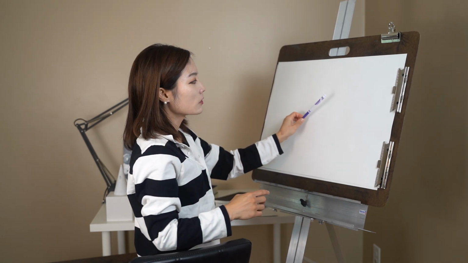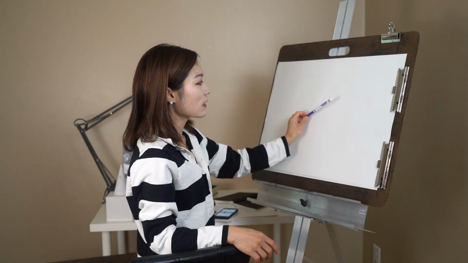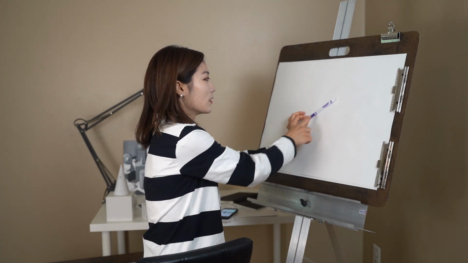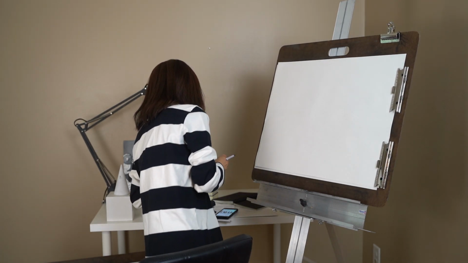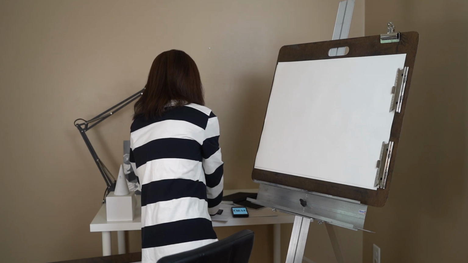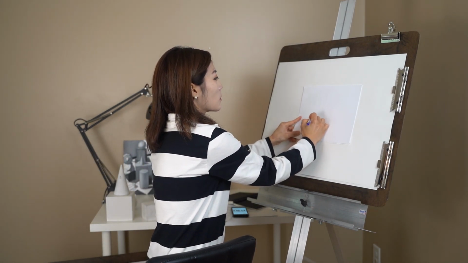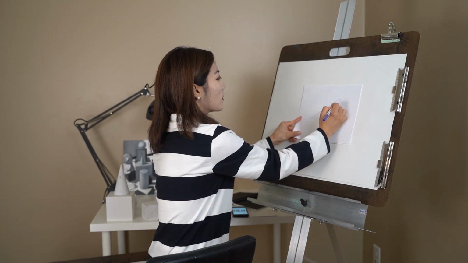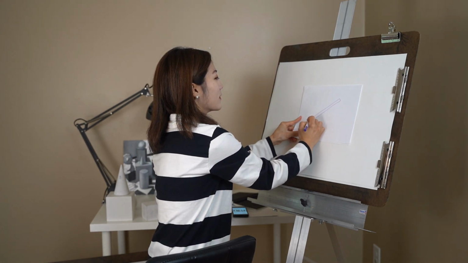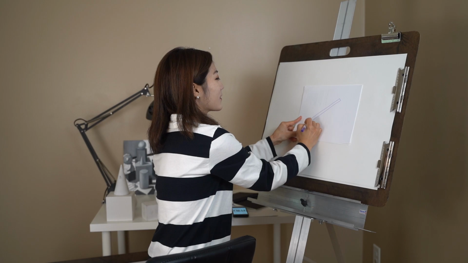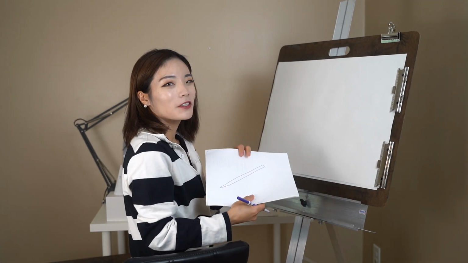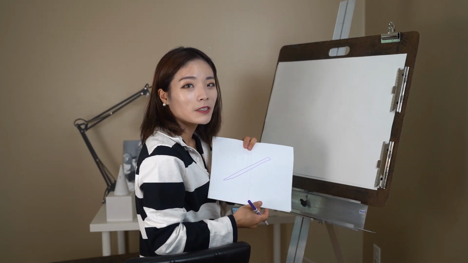If you were to draw a Crayola marker smack in the middle of an 18 by 24, I'll give you an example. Pretend this is my paper. You're only drawing the shape, the outline of the object, right?